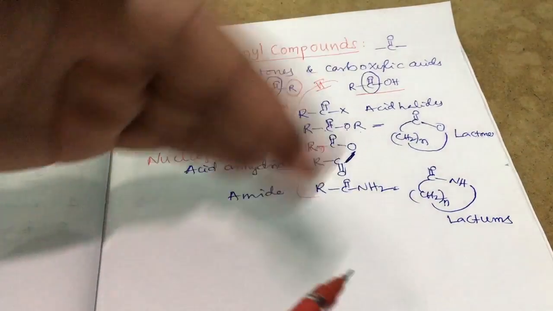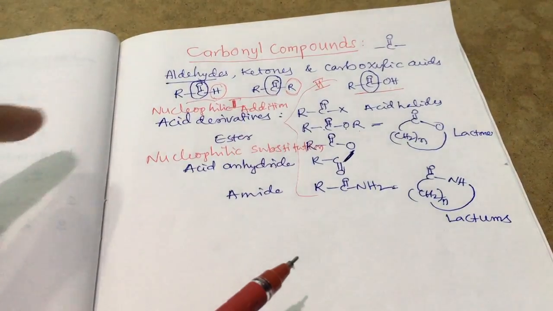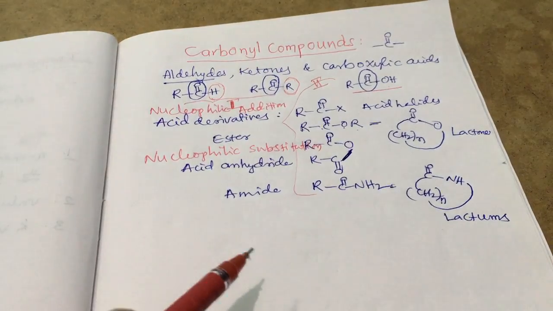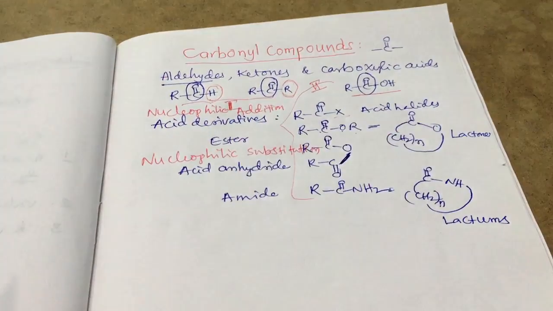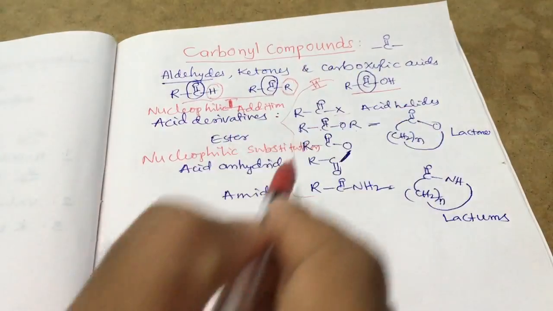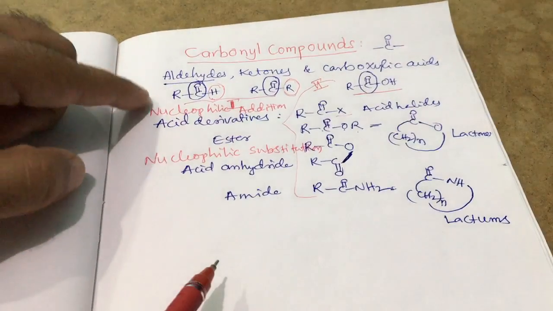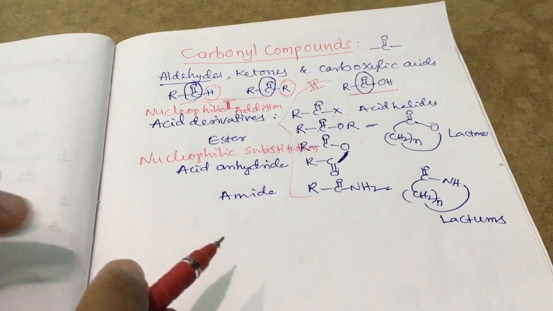In this comparison, we are just comparing with hydrogen and R. Anyway, halogen is a good leaving group. So these undergo nucleophilic substitution reaction, and this undergoes nucleophilic addition reaction.